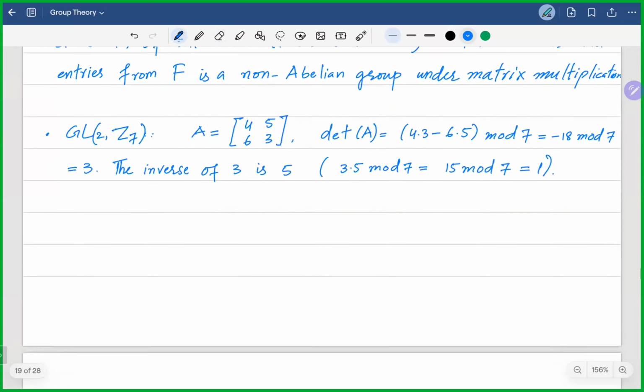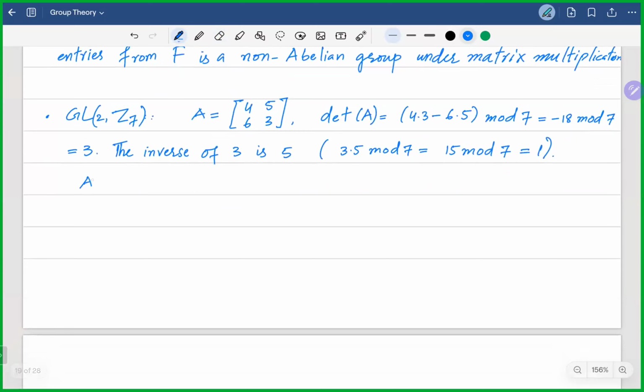Okay, so the inverse of A is going to be the calculation of 3 into 5, 2 into 5, 1 into 5, 4 into 5.